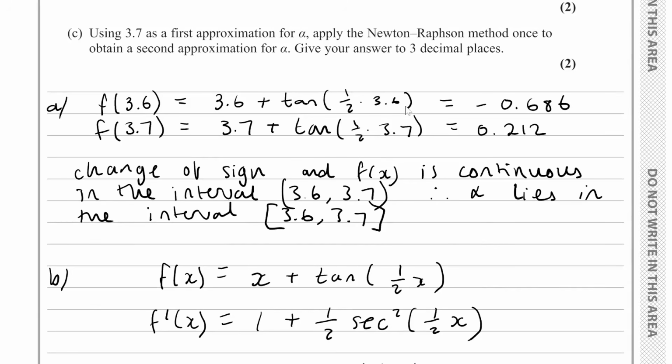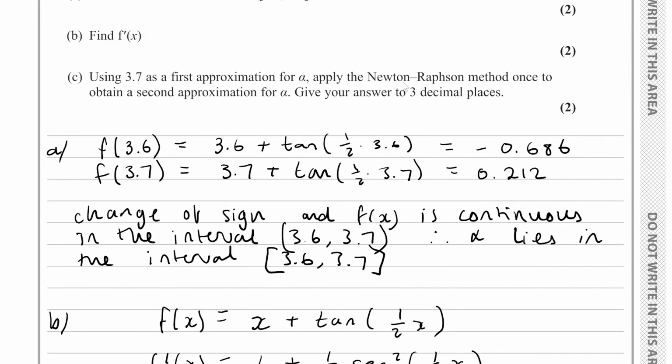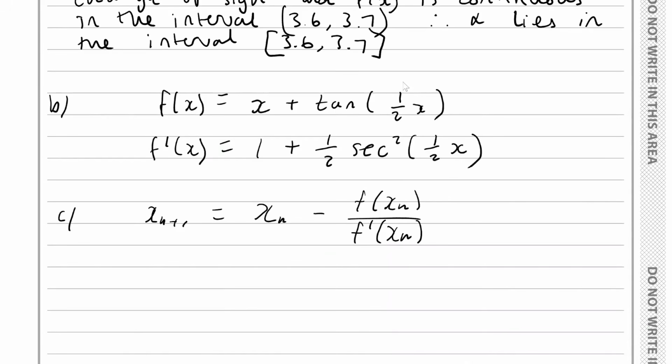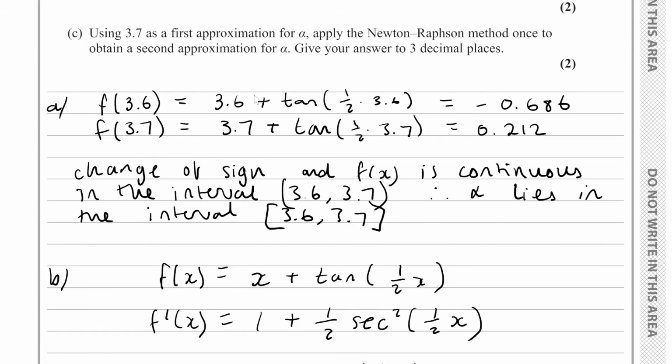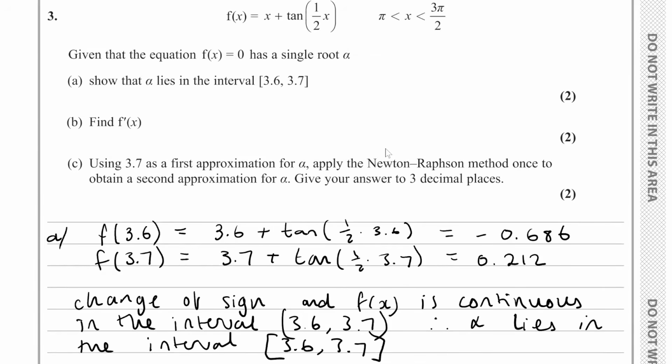So using 3.7 as a first approximation for alpha, apply the Newton-Raphson method once. So we've got x2 is going to be 3.7 minus f of 3.7 over f dash 3.7. And we know f of x is x minus tan half x.